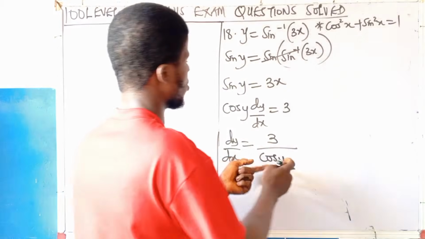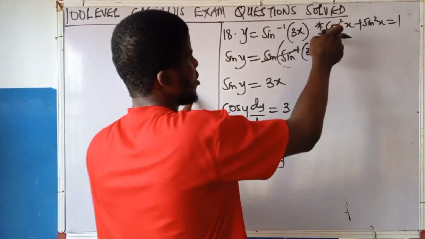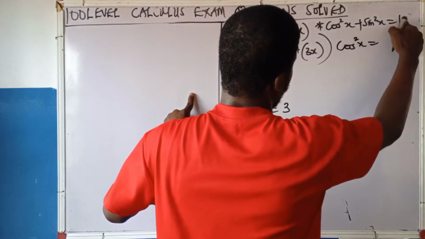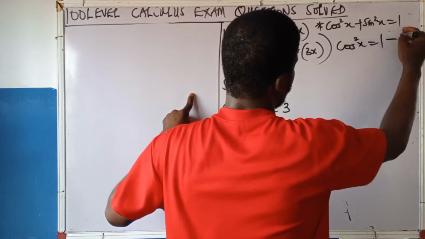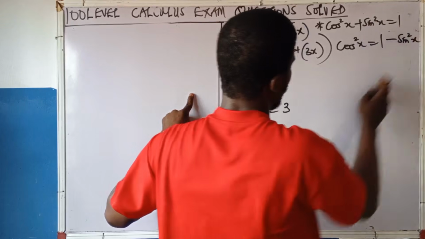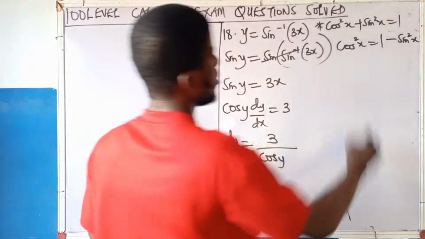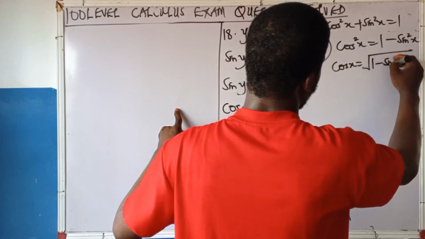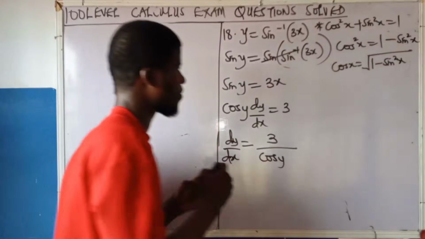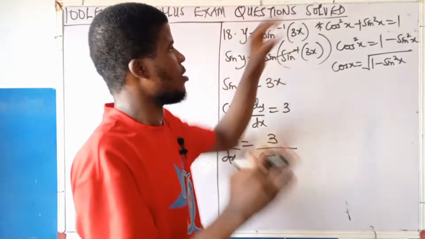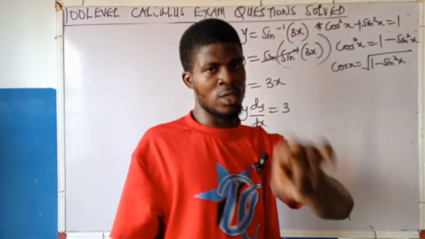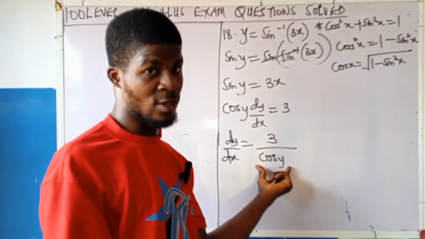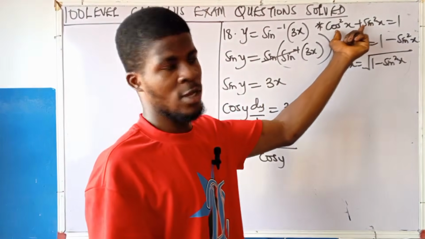So if I want to make cos x the subject of the formula from here, it means that cos squared x is equal to 1 minus sine squared x. And if I take the square root of both sides, it means that cos x is the square root of 1 minus sine squared x. Do you get me? It's very easy. Remember this identity always.